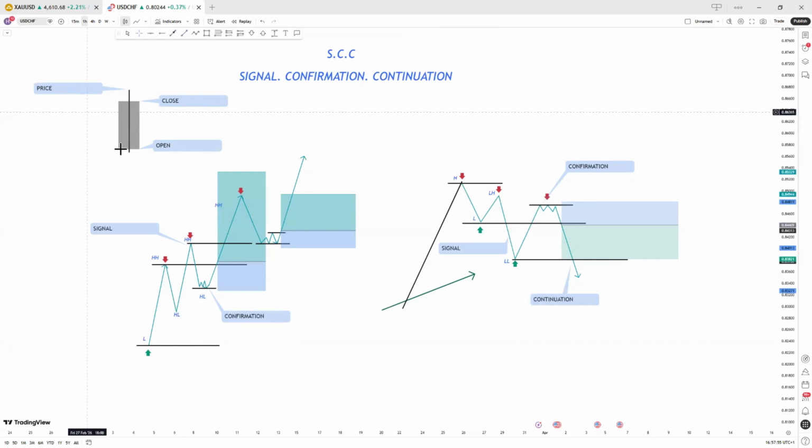Let's just say the price opened at this level right here, and closed right here. In the first session, when the price opened, it was controlled by the sellers. The first opening hours of the trading market were controlled by the sellers, who pushed the price at a certain time to a certain price.